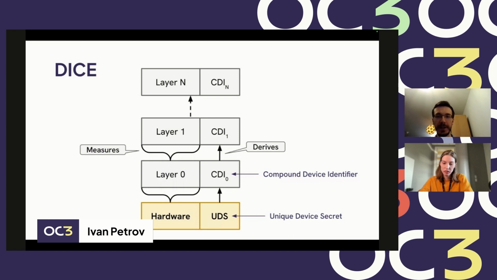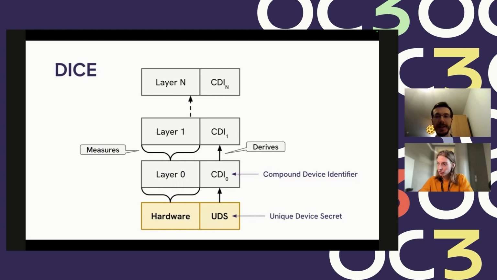The main point here is that these certificates are combined in a certificate chain using the way DICE generates certificate authority keys, the ones that are used to sign such certificates. In DICE, each layer is provided with a compound device identifier, or CDI, that is used to derive a per-layer certificate authority key.